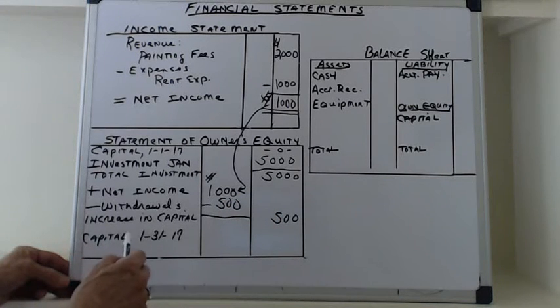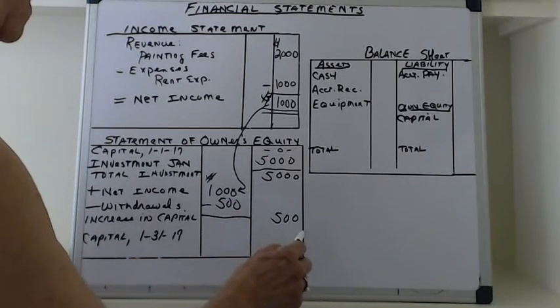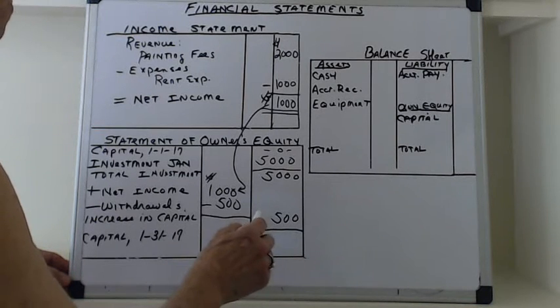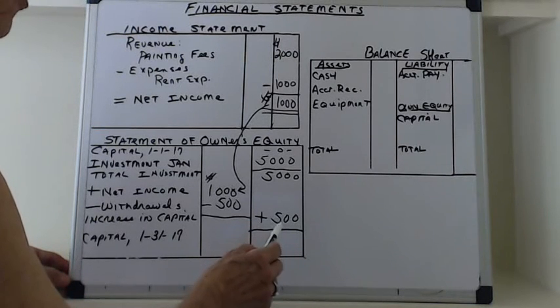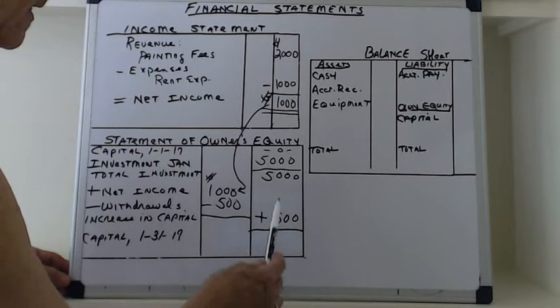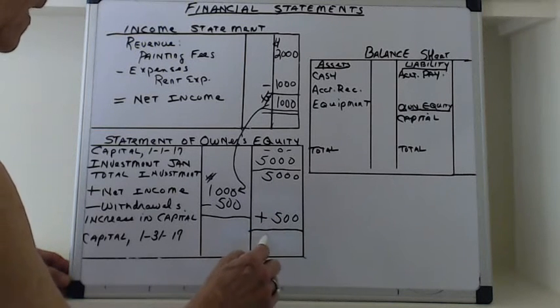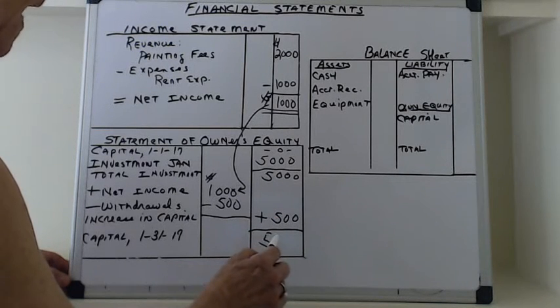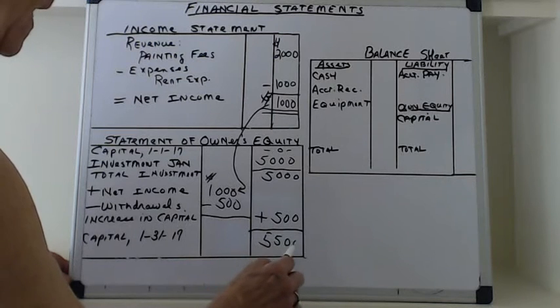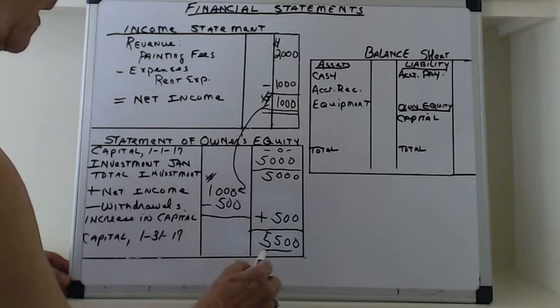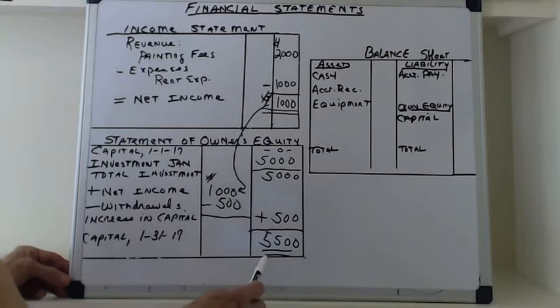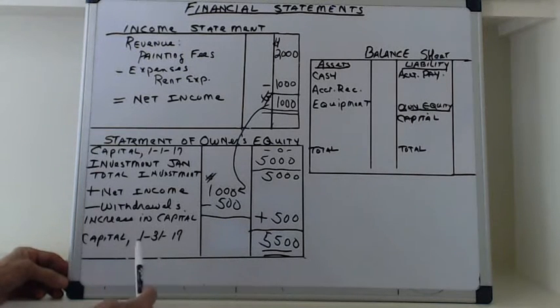That is his increase in capital. So I'm going to add that 500 that he left in his business to the 5,000 that he began with. And his capital now for the end of January is $5,500. Capital for January the 31st.